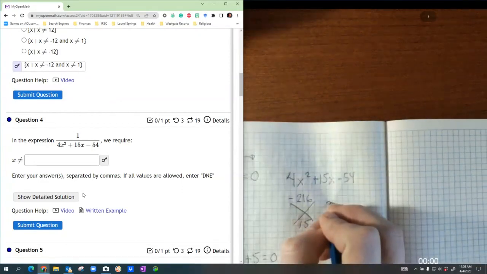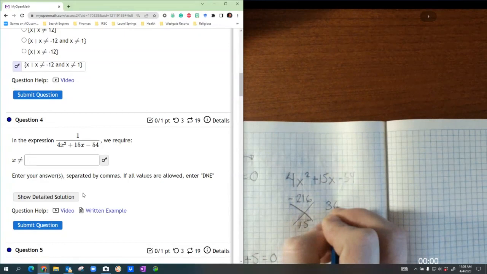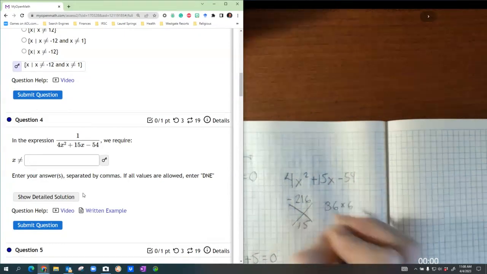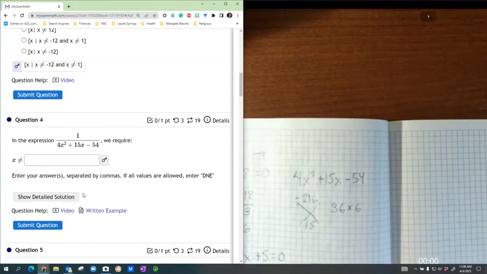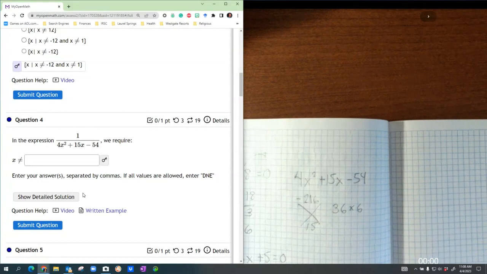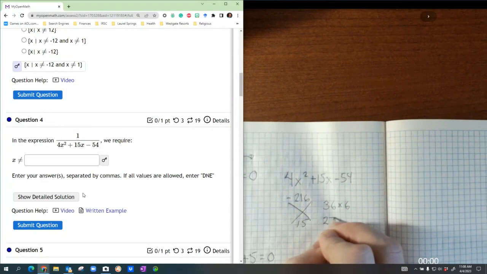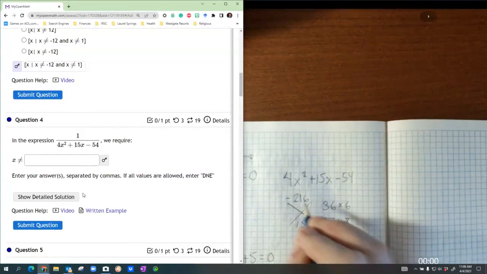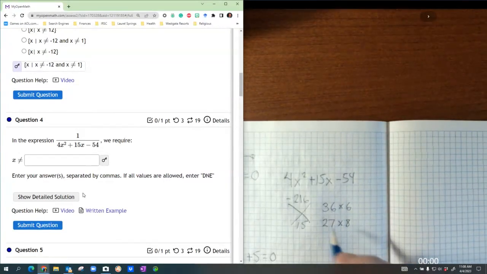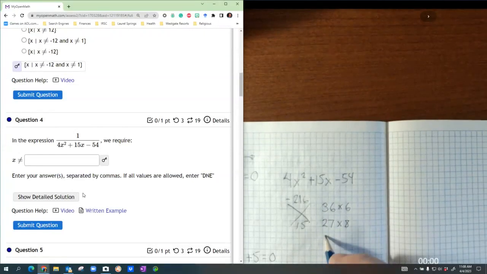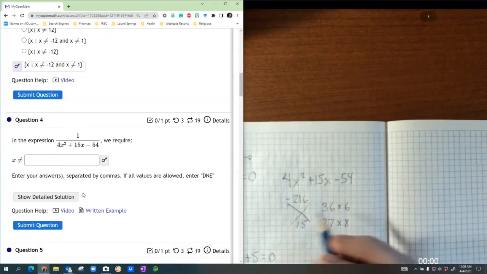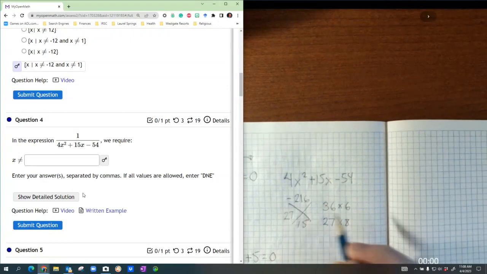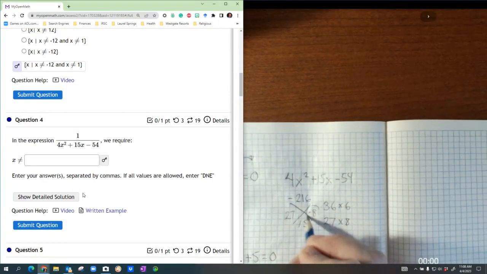For example, 6 times 36 is 216, but that doesn't work for 15, so we keep going. 27 times 8 is 216, and when we subtract 8 from 27, that gives us 15. So we use the values 27 and negative 8.